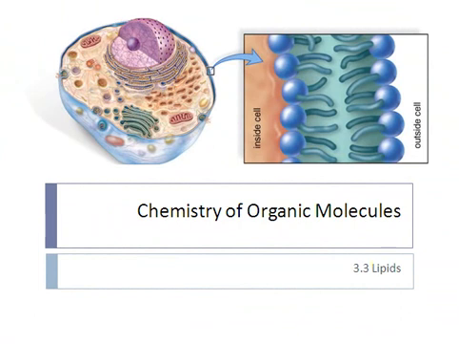In this section, we will now look at the third macromolecule, or the second, depending on how you're counting them, and these are called the lipids. Lipids are present abundantly in cell walls or cell membranes. You can see over here, a cell membrane is composed of a layer of these large bulky molecules.